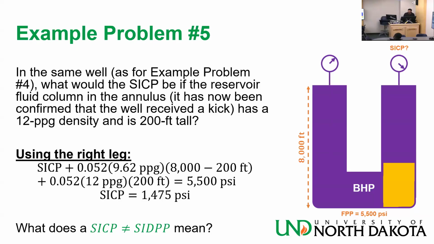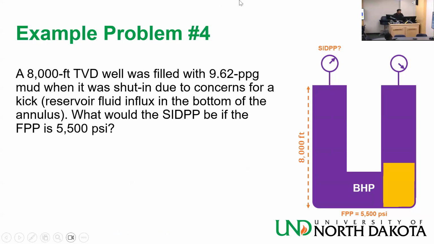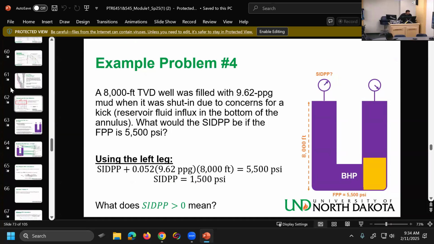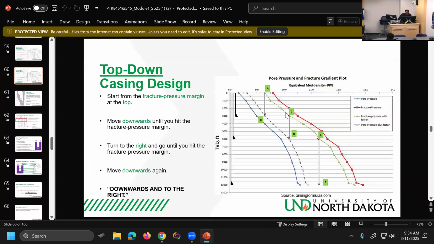Now, to be in a balanced situation, you want BHP to equal FPP or be a little bit higher. But that's when you are within this mud window that we talked about. You want your mud weight to be between these two limits.